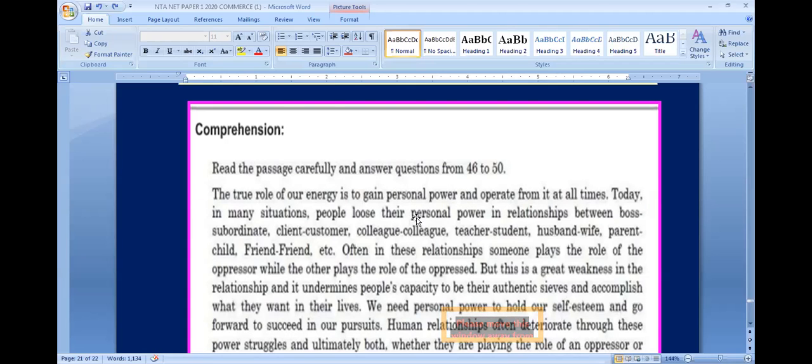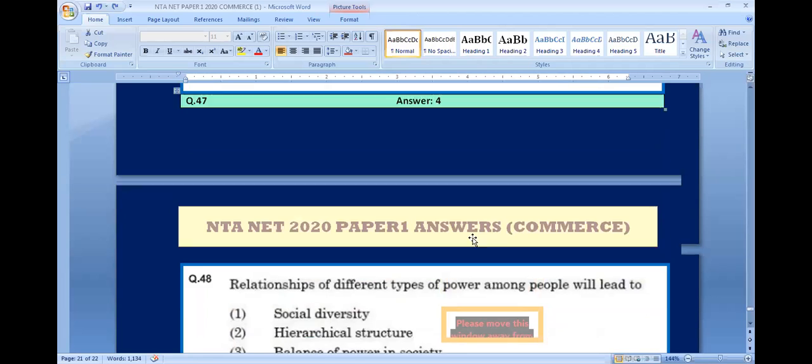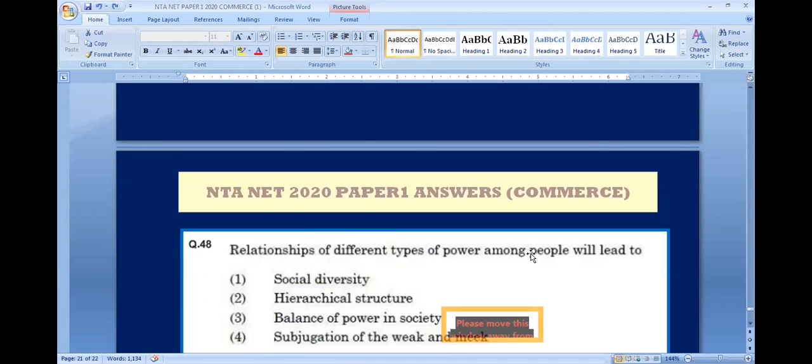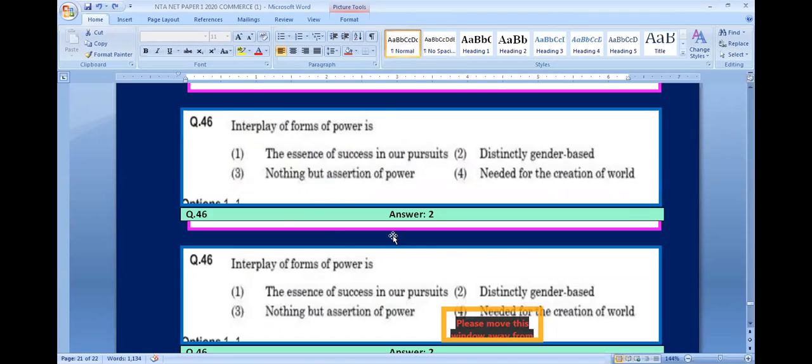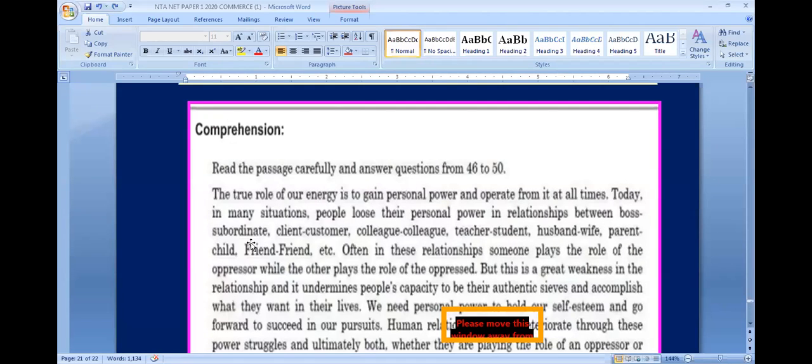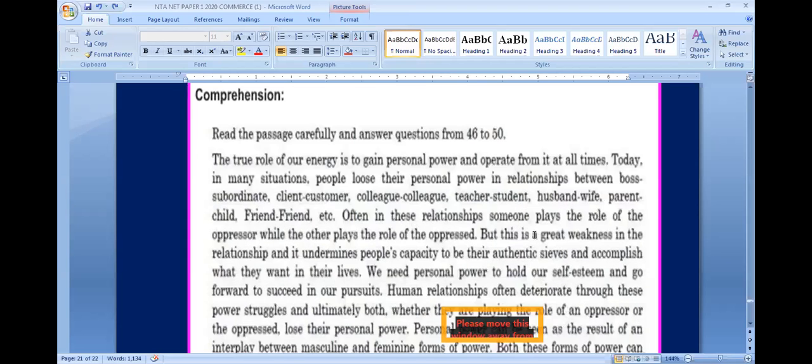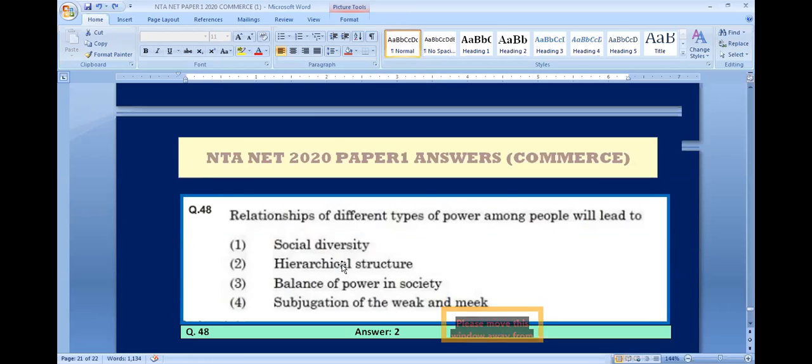Today, in many situations, people lose their personal power in relationships like boss, subordinate, client, customer, etc. What is the question all about? Different types of powers are given, right? Client, customer, colleague, teacher, student, husband, wife. What does it have? It is called hierarchical structure. Who is a boss? Who is a subordinate? Who is a superior? So it gives hierarchical structure.